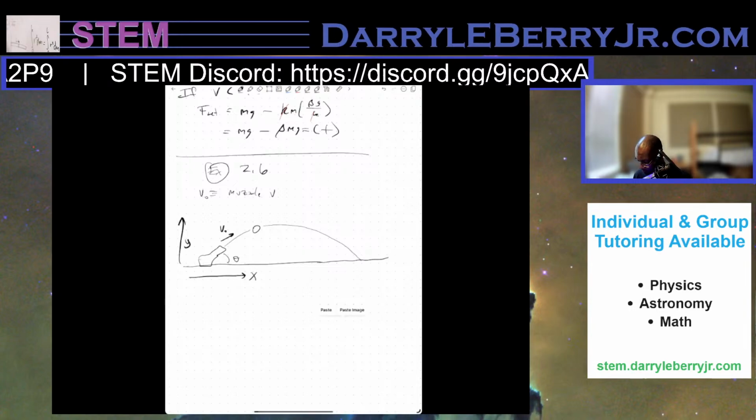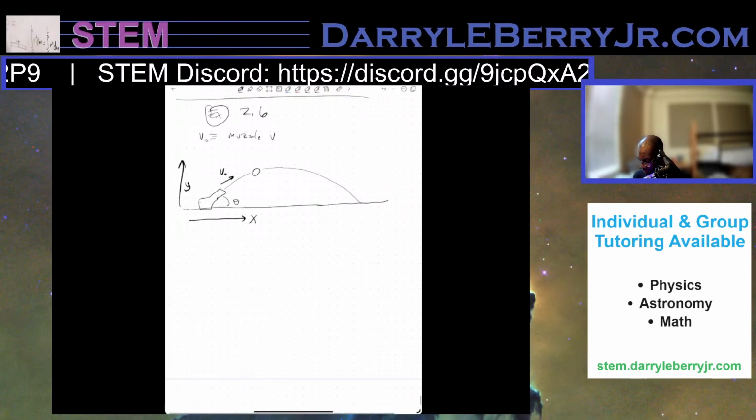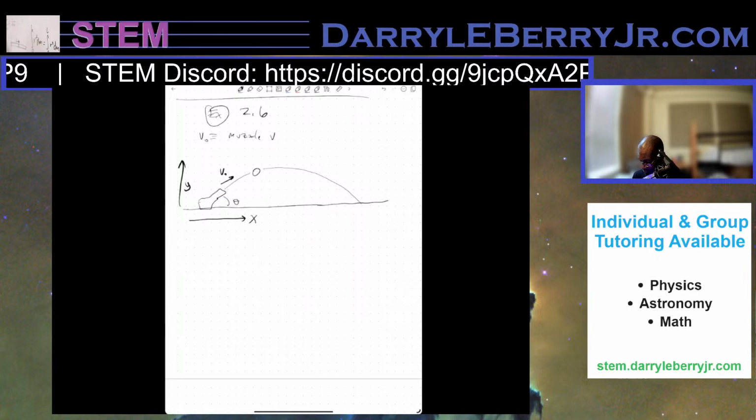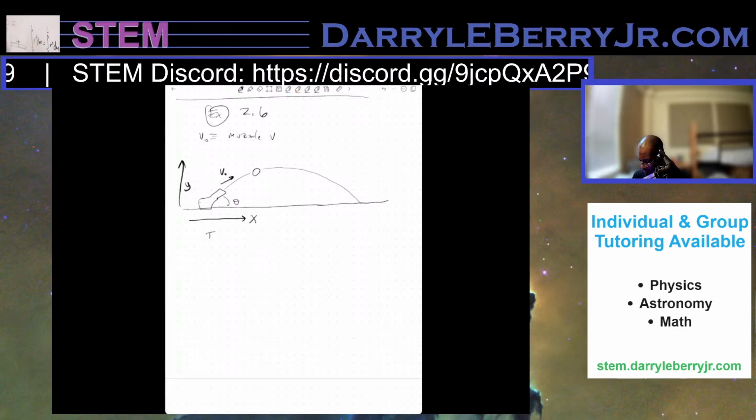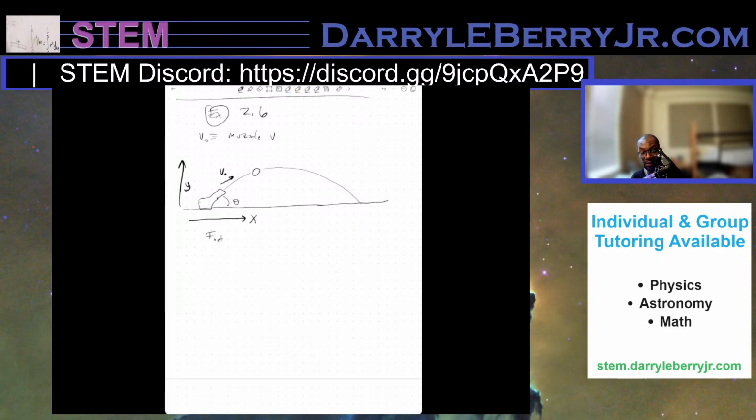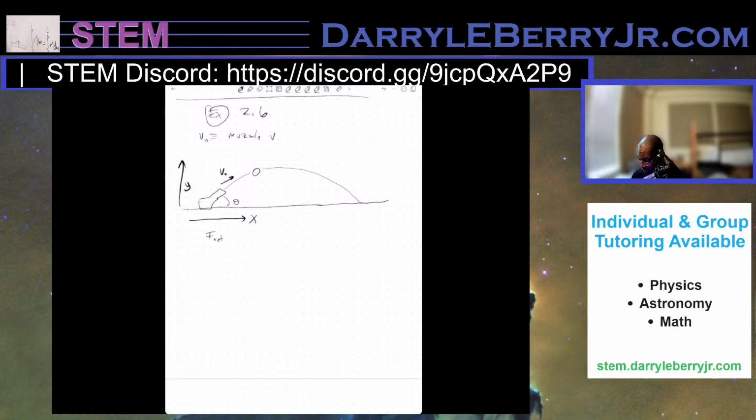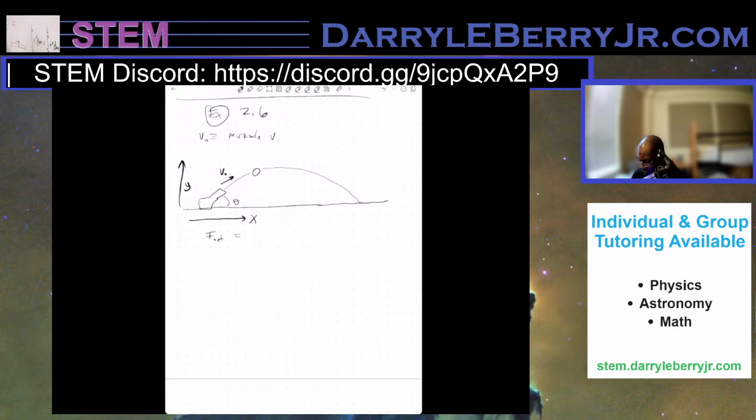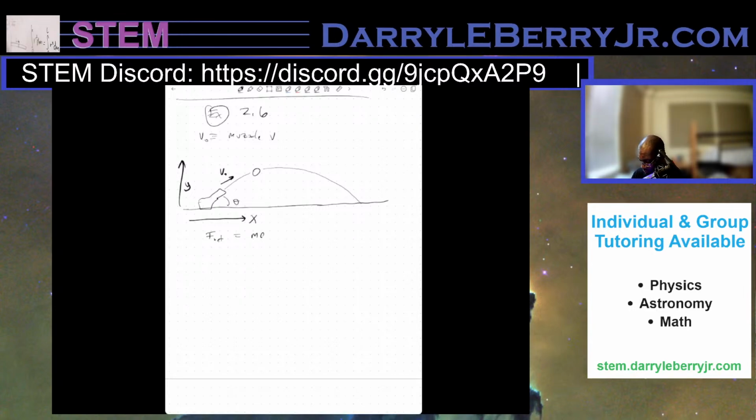So I think I can do this one without checking the notes. F net, without considering air resistance, is ma.